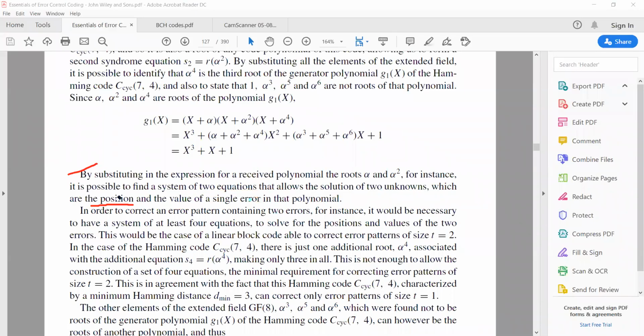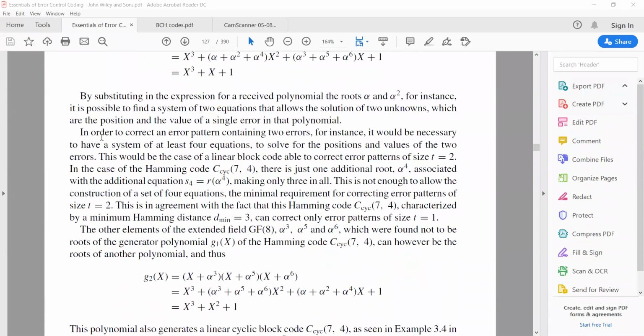Now come to the second paragraph. What is this? In order to correct an error pattern containing two errors, what do we need? For the single error, we need two equations. For two errors, we need four equations.